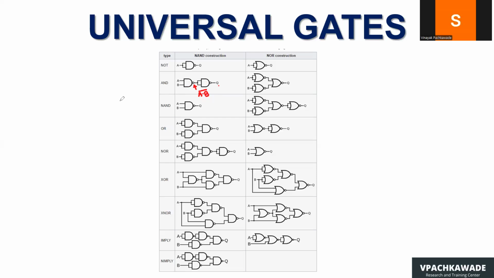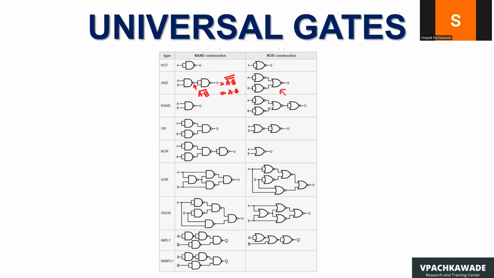Therefore, the output here is simply an inverter: A NAND B, inverted, and again inverted. Therefore, the output would be simply A AND B. Two bars are cancelled with each other, because this second NAND gate is nothing but an inverter that we saw before. So this is how you created an AND gate using only NAND.